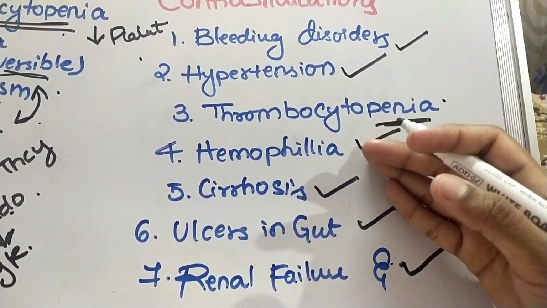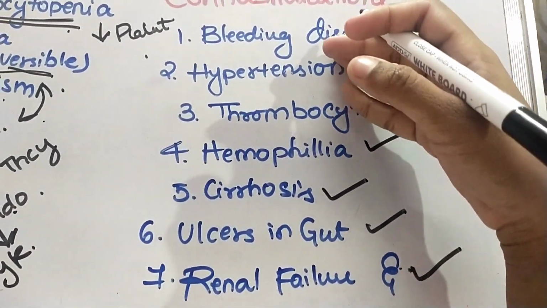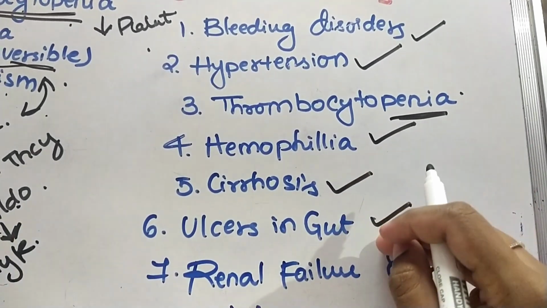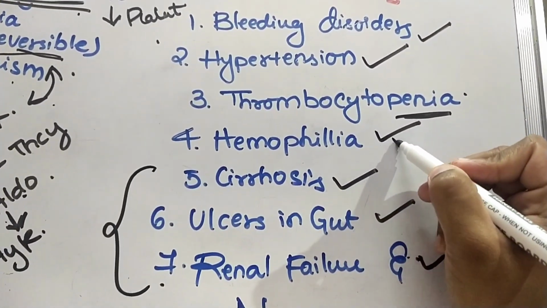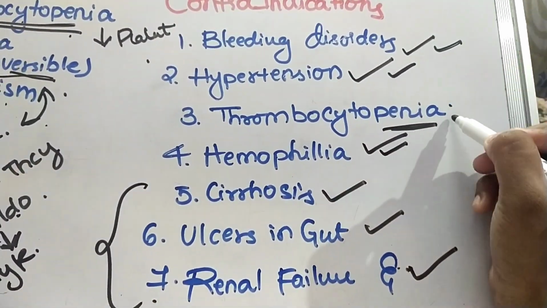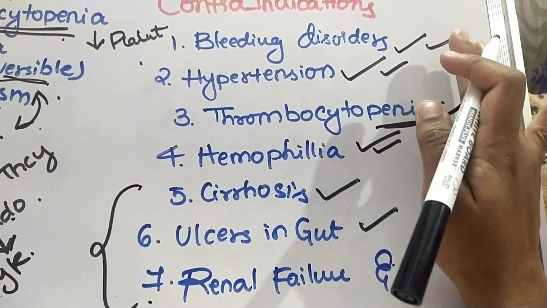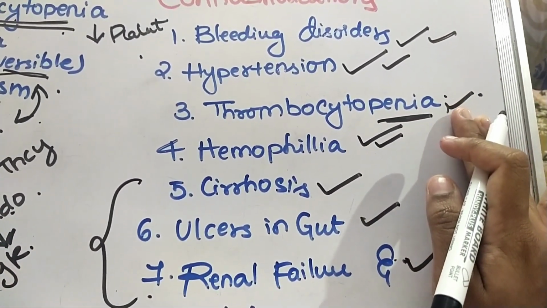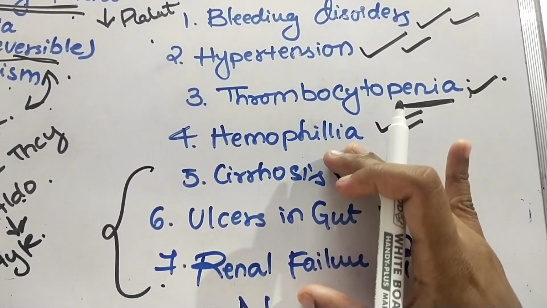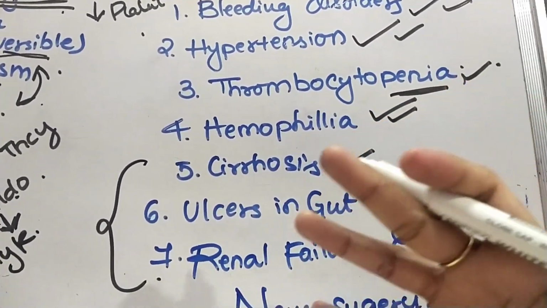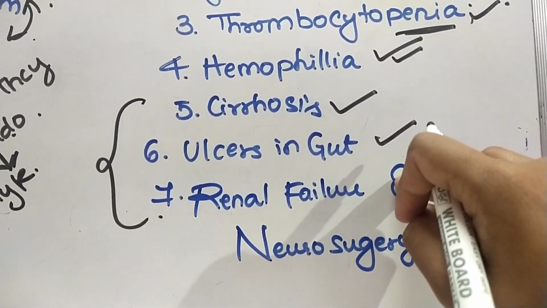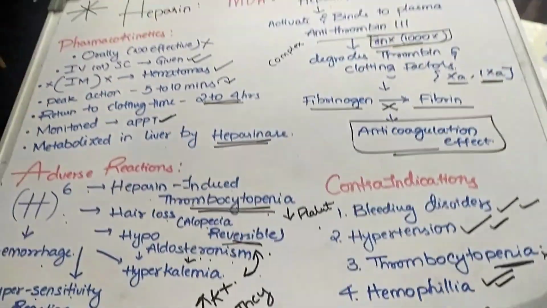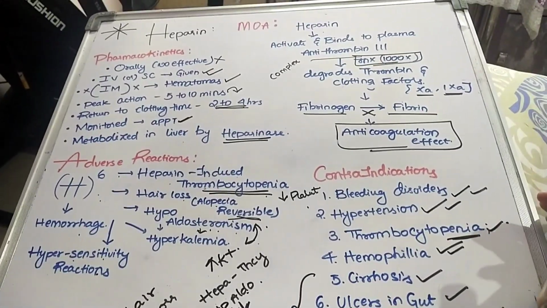Bleeding disorders, hypertension, thrombocytopenia and hemophilia are related to blood. Cirrhosis, ulcers in the gut, renal failure and neurosurgery are related to the liver, gut and kidney. So this is about heparin.